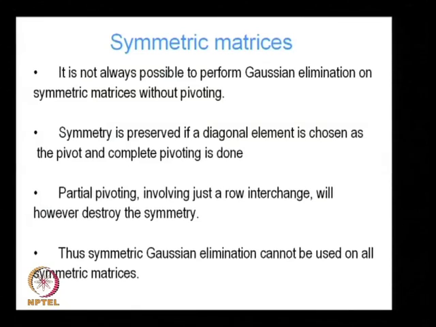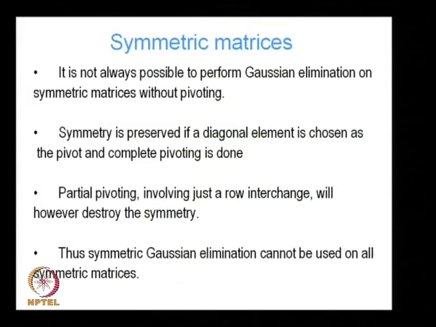However, we should enter a word of caution here. It is not always possible to perform Gaussian elimination on symmetric matrices without pivoting. We note that symmetry is preserved if and only if we perform the Gaussian elimination on a symmetric matrix without performing any row or column interchanges.